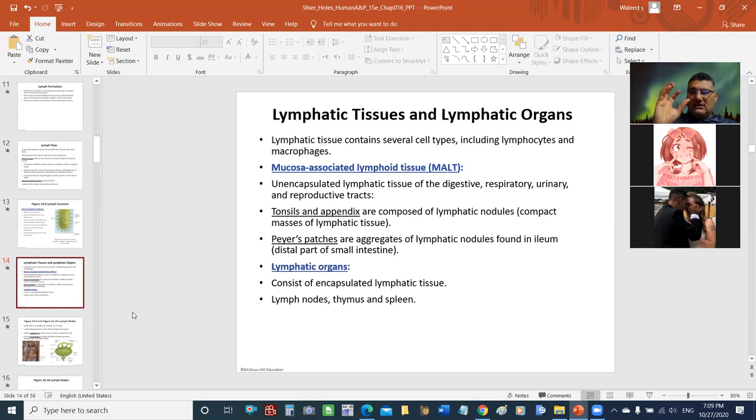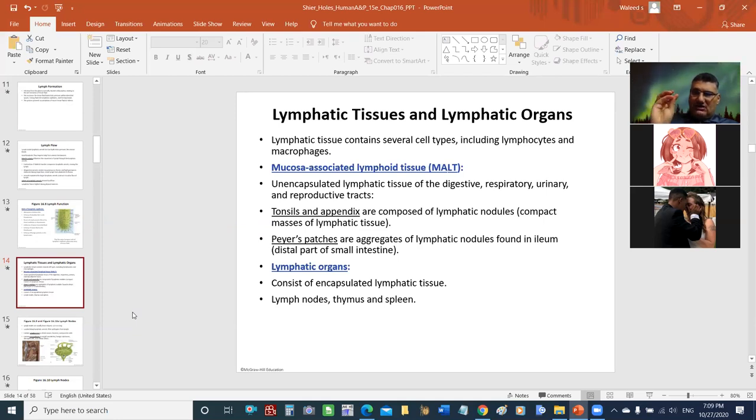Now, sometimes you have some collections of tissues. Is it an organ? Not yet. It's just tissues that do not have a capsule around them, and we call those lymphoid tissues. The bigger ones that have a capsule around them, we call an organ.